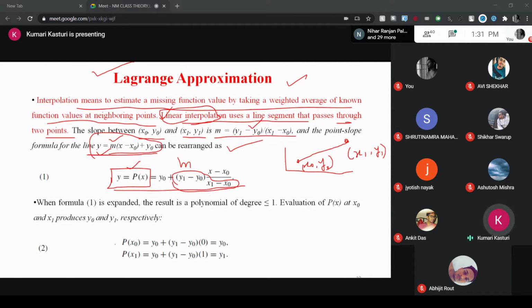So next step, we are calculating p of x0, we are calculating p of x1. So how to calculate p of x0? Can anyone please tell me what I have to do to find out p of x0?